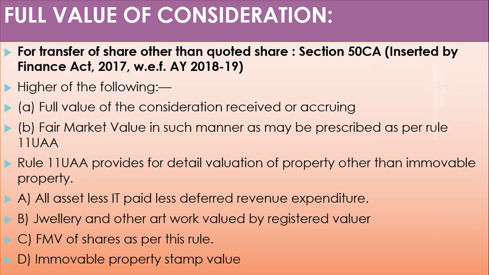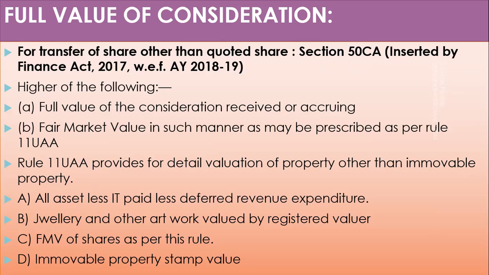This applies to all assets except jewelry and other artwork, which should be valued by a valuer. For the second property, all assets other than jewelry, immovable property and shares should be valued on the basis of market value or cost, whichever it may be.